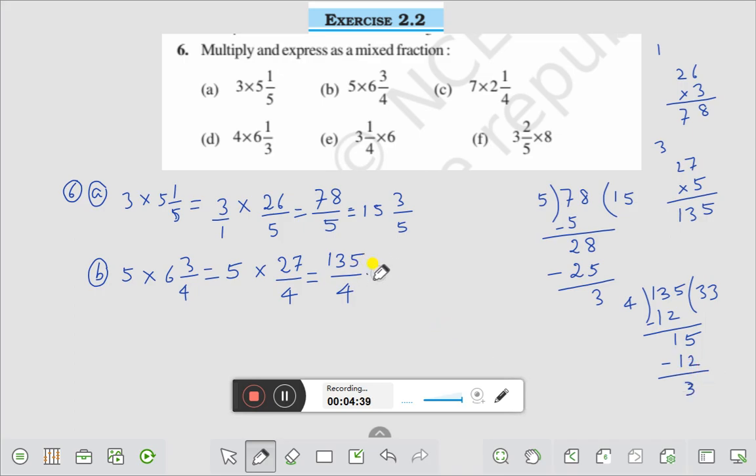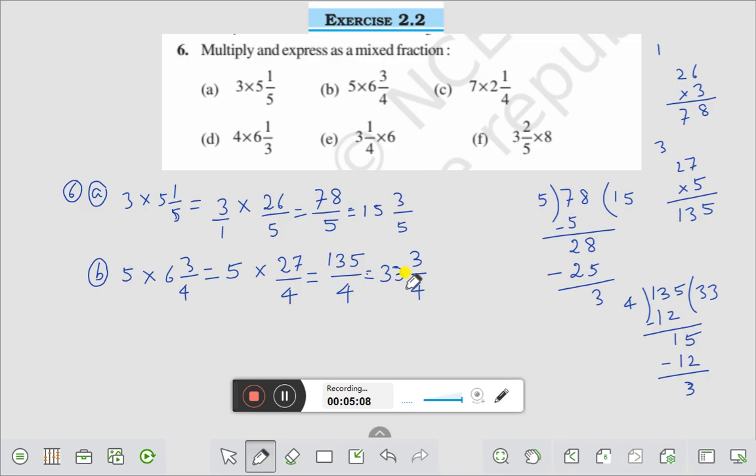Therefore, we are getting the quotient as 33 and remainder is 3 and divisor is 4. That is 33 whole 3 by 4 is the answer of question number B.